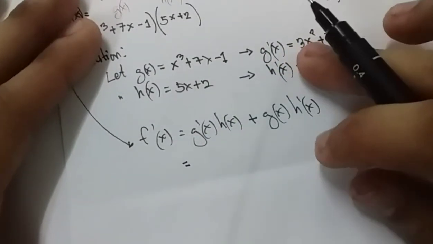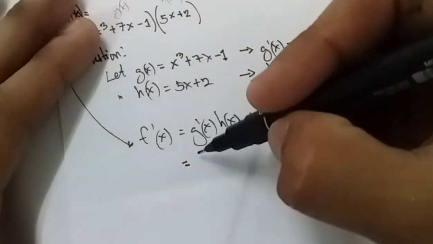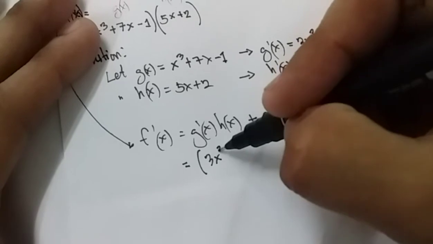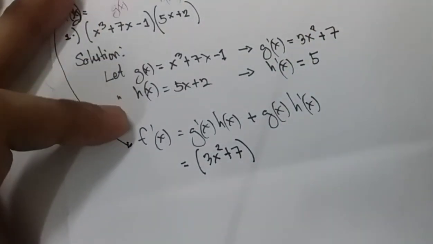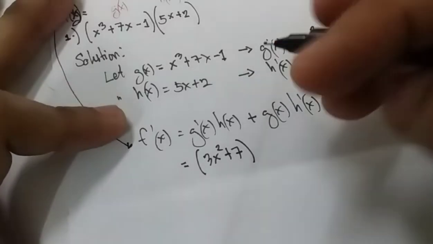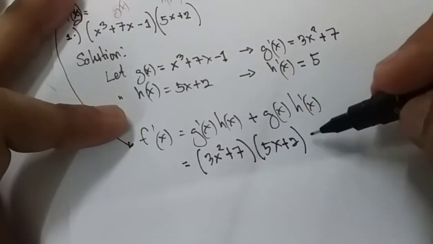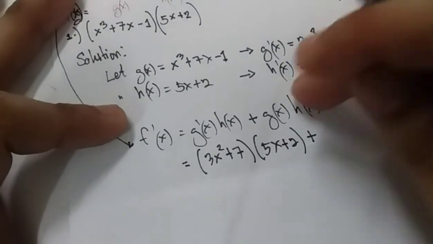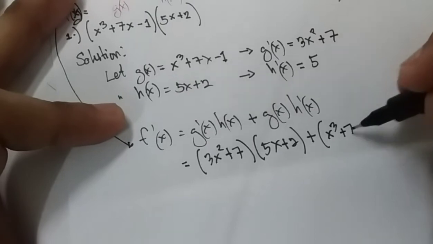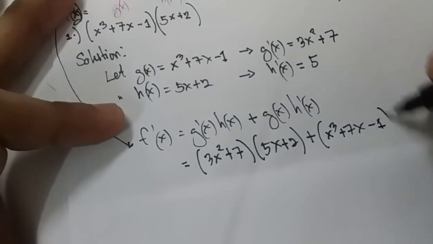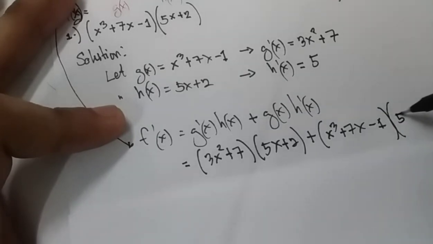We have g prime of x, which is equal to 3x squared plus 7. Now for our h of x, we have 5x plus 2, and for the g of x, we have x cubed plus 7x minus 1 times the h prime, which is equal to 5.